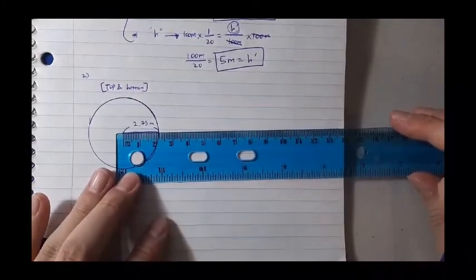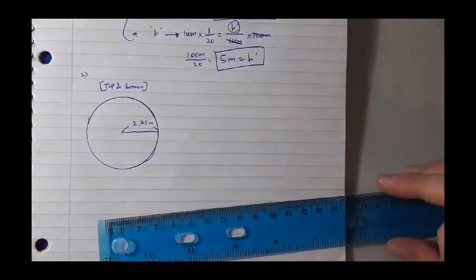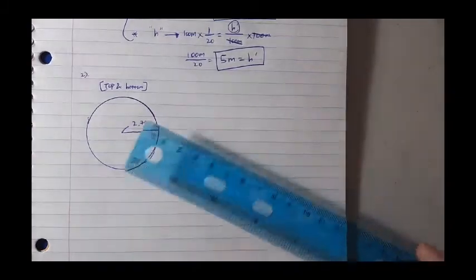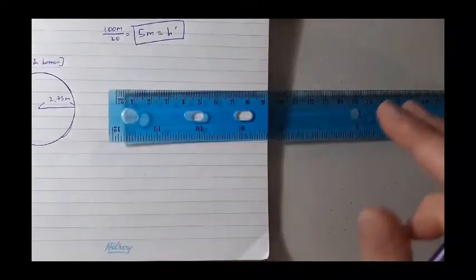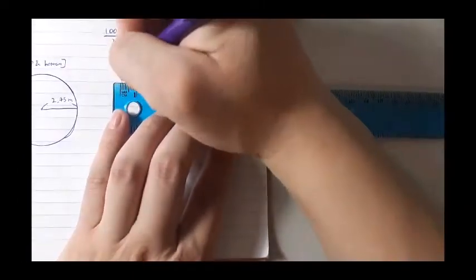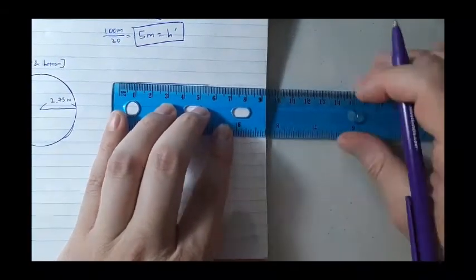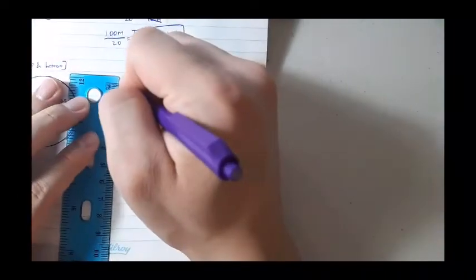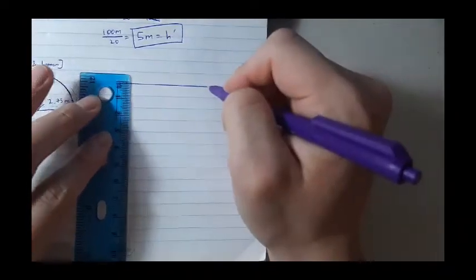Is it actually? It's getting there, but let's assume that 2.75. I should have used a little bigger compass, but in any case, after that, we have... you will know why I'm putting 5.5. I'm going to tell you later. 5 meter.